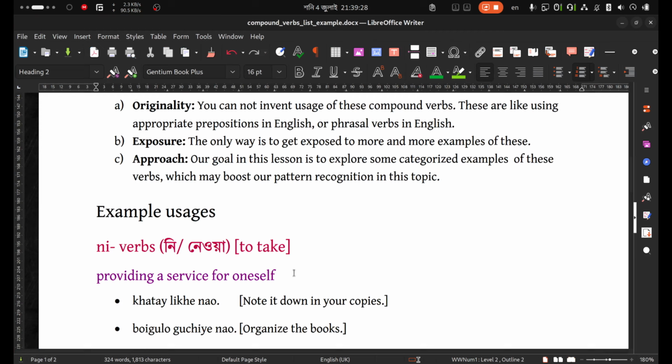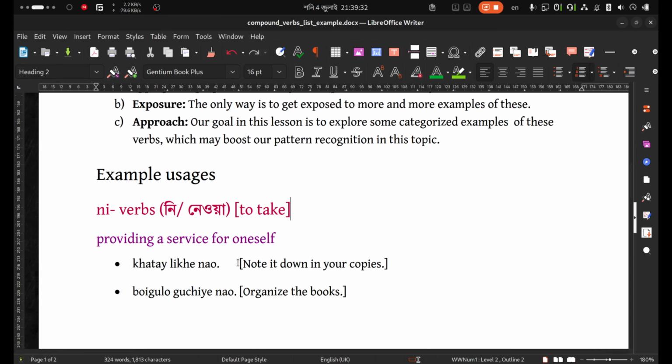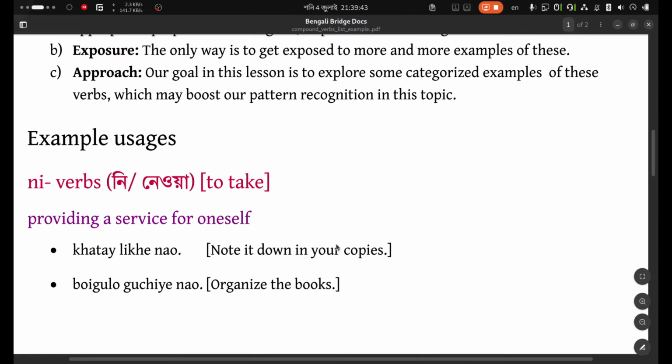So the meanings of the compound verbs formed with nawa will have something that resembles taking something, but not exactly taking something. The nuance will have some connection with the verb take.